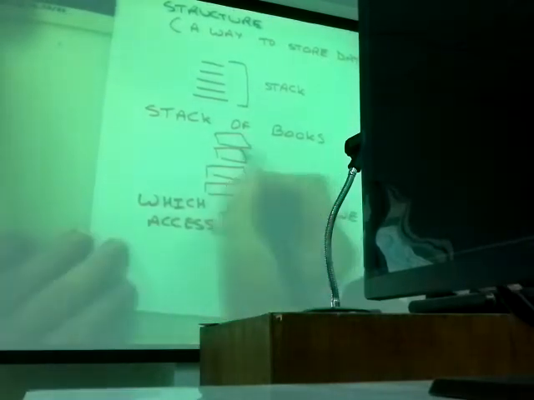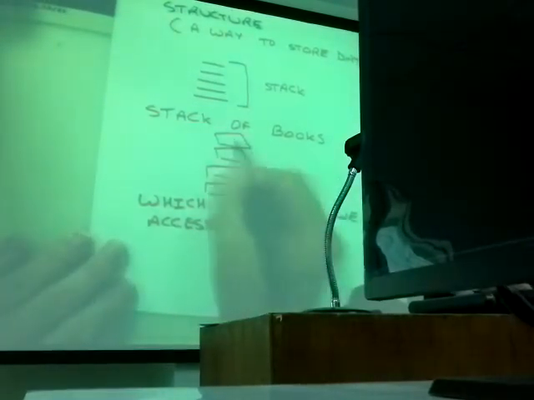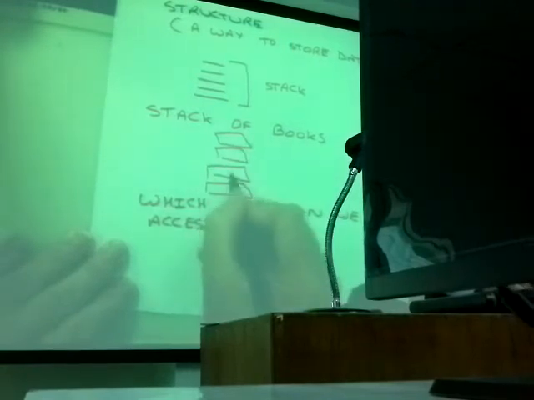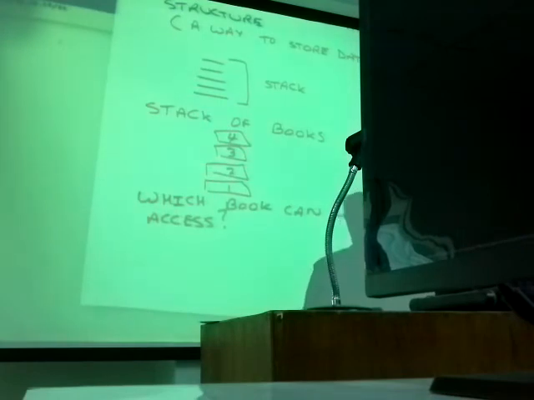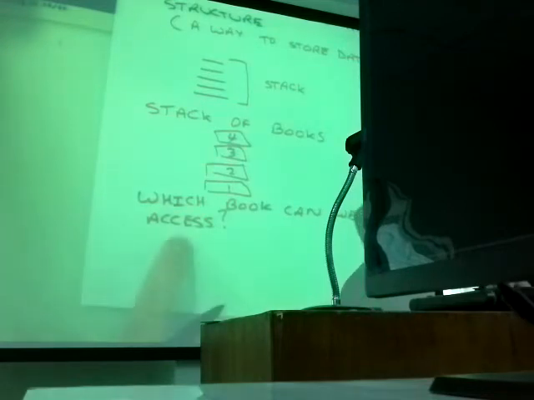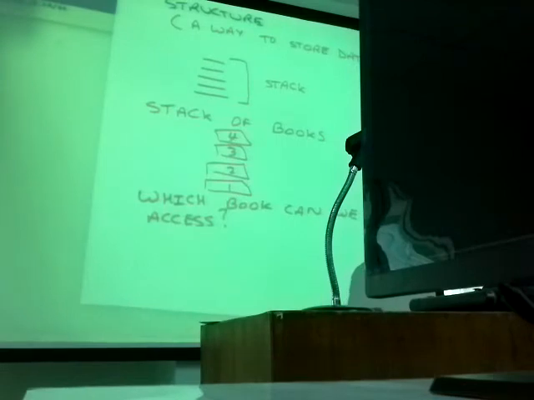If I've got books 1, 2, 3, and 4, so if I have a stack of 4 books, which book can I access? Which book can I take away? Only one of them.